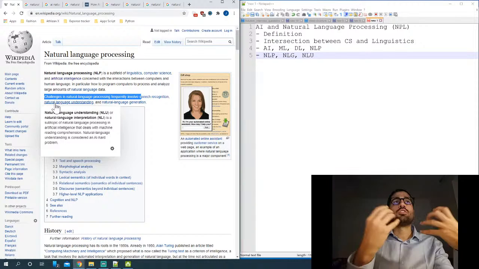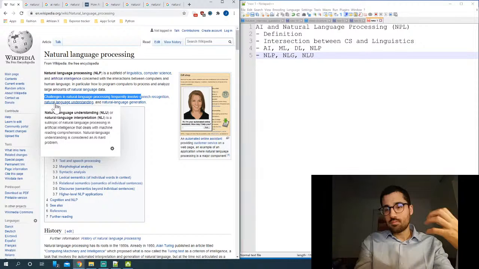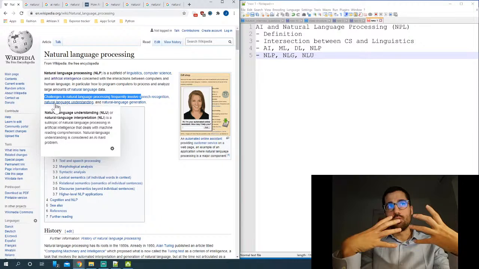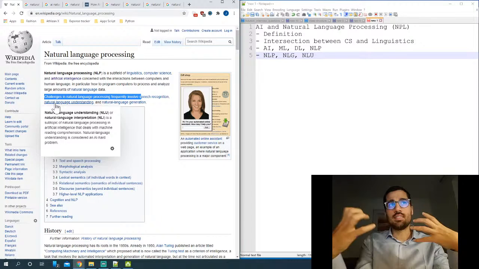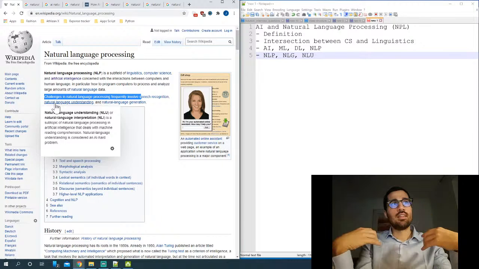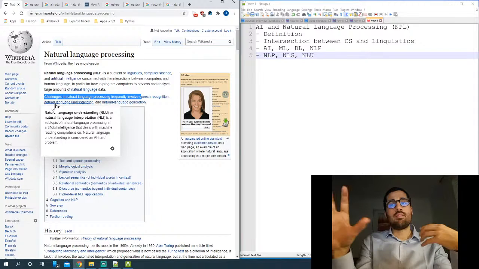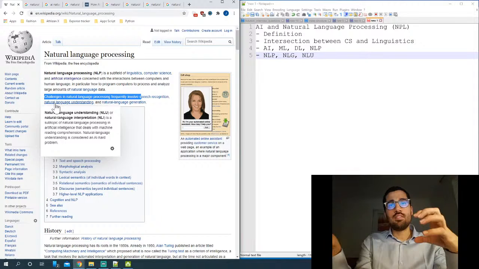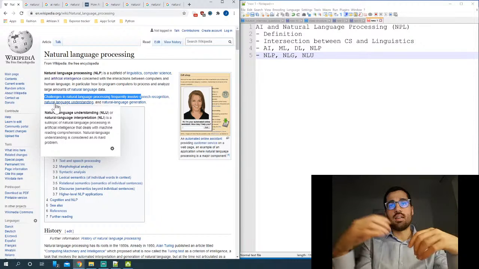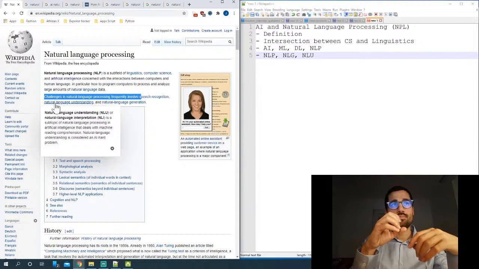And natural language generation. So the computer, the electronic device, can retrieve an answer for that question, and then that answer has to be converted back to a text that can be understood by humans.